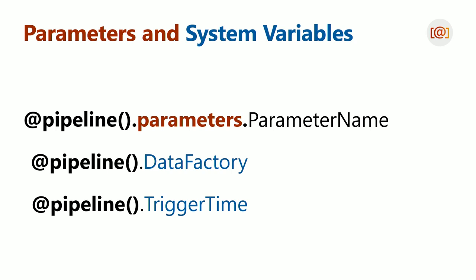Otherwise, it thinks it is a system variable. So just keep in mind that the syntax for getting that parameter name is slightly different for pipelines than for datasets and linked services. That is just because in the pipeline scope, you have more things that you can actually work on and get some information out of. For system variables, Data Factory name and trigger time are two examples. It could also be the run ID, the trigger ID, and things like that. So lots of different system variables that you can work with.